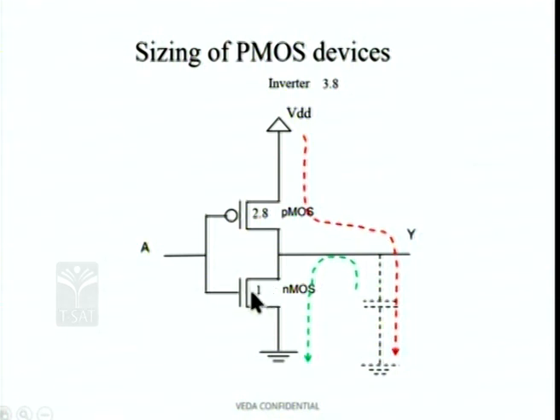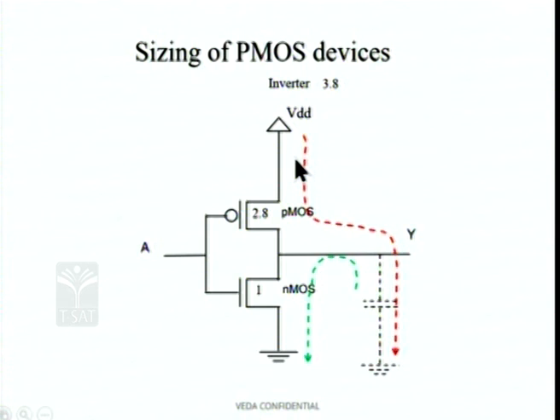If you take this as a unit size, the size of the PMOS device will be 2.8 times the size of the NMOS device. Therefore, the total inverter size will be 3.8. You just add, I am not taking the routing area and the connecting area, just the device areas. This is a very, very simplified calculation that I am making.